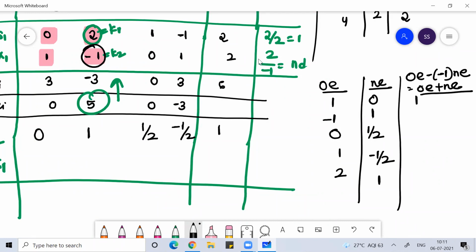So 1 plus 0 is 1, minus 1 plus 1 is 0, 0 plus 1 by 2 is 1 by 2, minus 1 minus 1 by 2 gives 1 by 2, and 2 minus 2 plus 1 would be equal to 3.